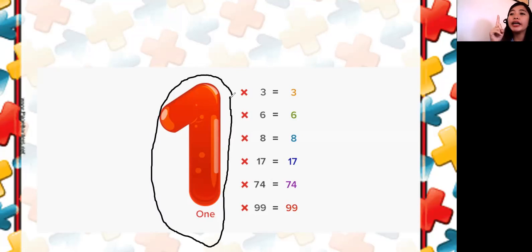Okay, so as you can see, any number that we multiplied by 1, what was the answer? Okay, correct. That's good. Any number multiplied to 1, the answer is the number itself. Again, any number we multiply to 1, the answer is the number itself.